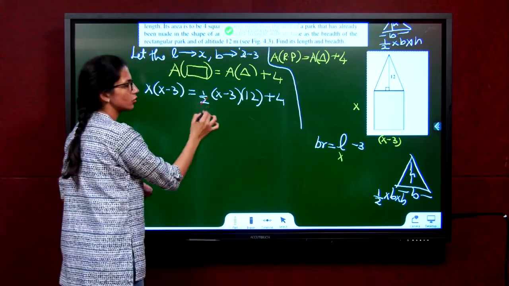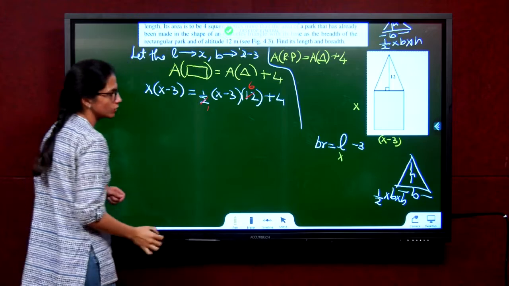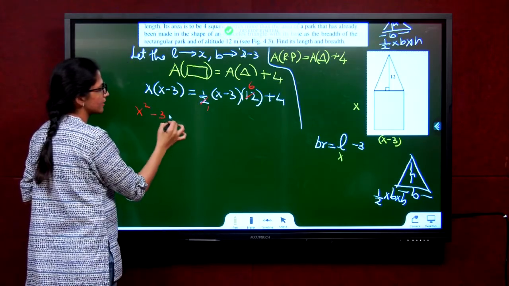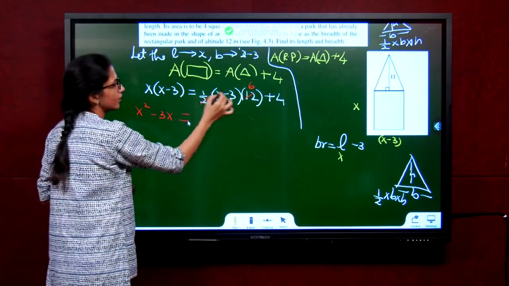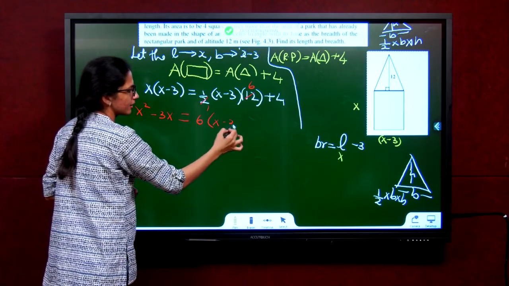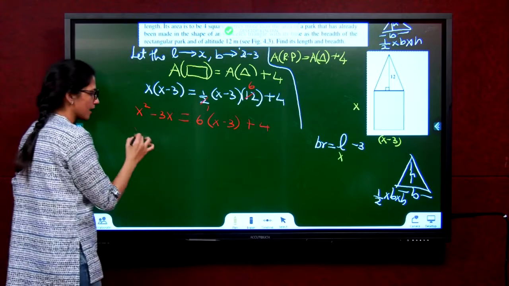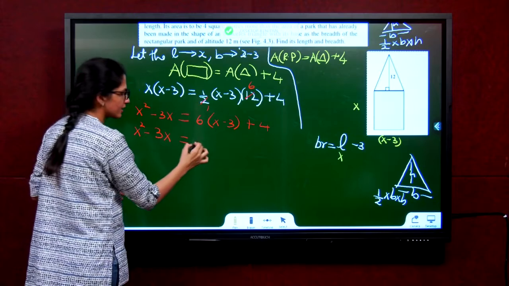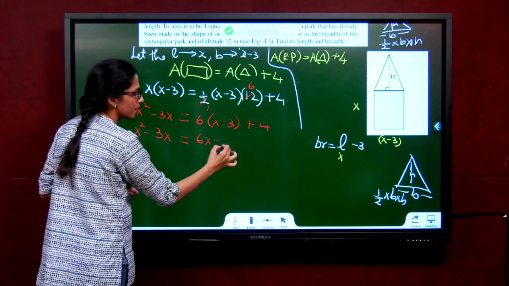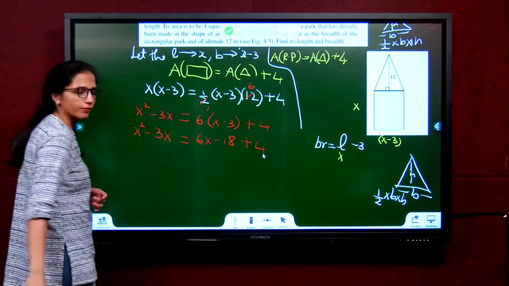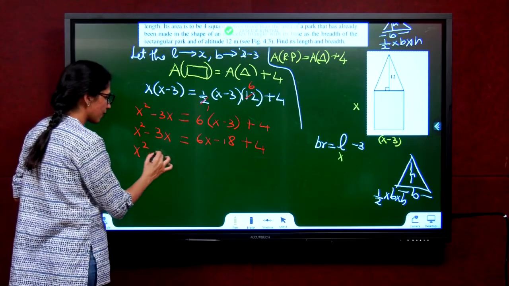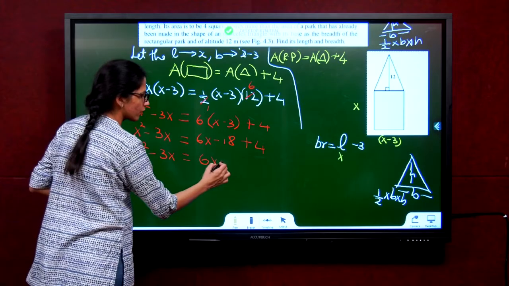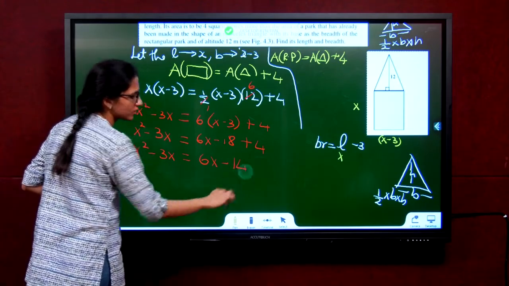So we can cancel. 2 ones are 2, 2 sixes are 12. x into x, x square. x into minus 3, minus 3x is equal to 1 into 6, 6, (x minus 3) in brackets, plus 4. x square minus 3x is equal to 6 into x, 6x, 6 into minus 3, minus 18, plus 4. x square minus 3x is equal to 6x minus 18 plus 4. How much is minus 18 plus 4? Minus 14.